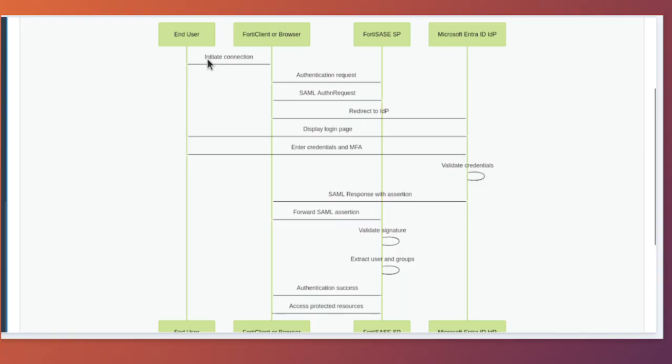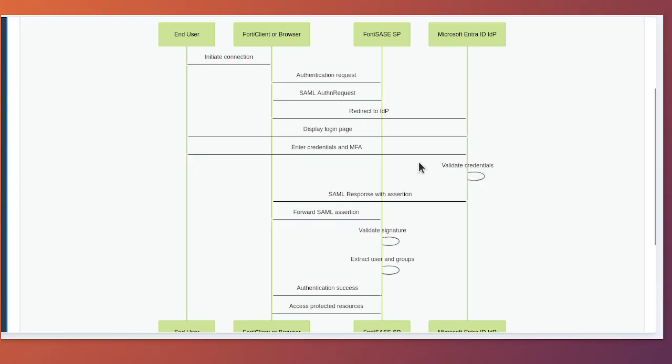When a user initiates authentication, either through FortiClient or the proxy, FortiSASE redirects the request to Microsoft Entra ID. The user authenticates using their corporate credentials, potentially including multi-factor authentication if configured in Entra ID.